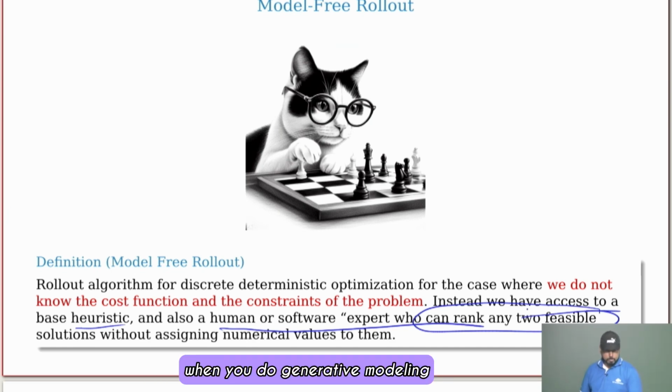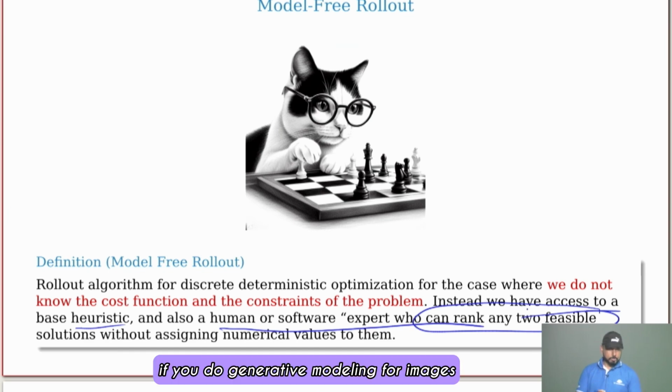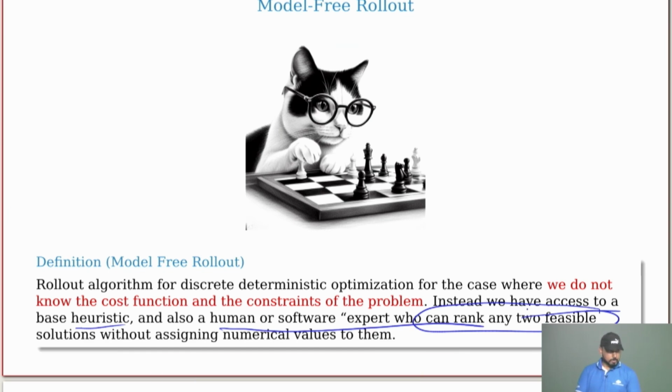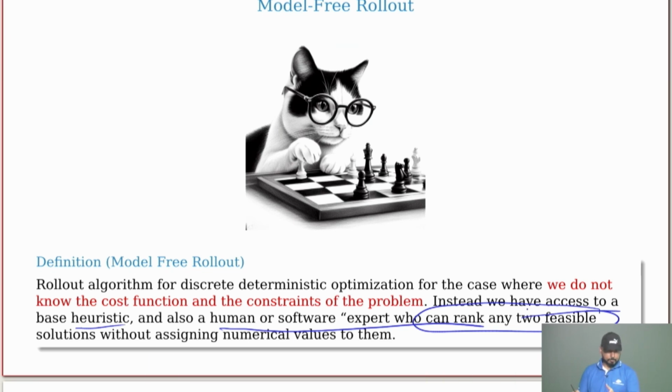So for example, when you do generative modeling, in general it is very hard to determine the quality of the output. Say you do generative modeling for images; sometimes it's hard to determine the quality of the image generated.